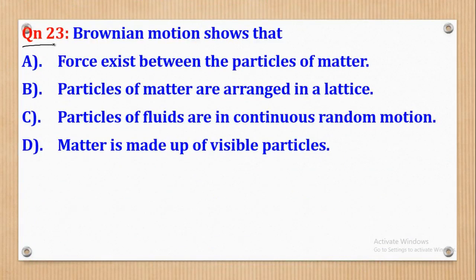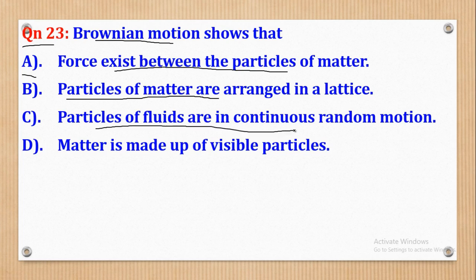Now I shall go to question 23, which says Brownian motion shows that option A, force exists between the particles of matter. Option B, particles of matter are arranged in a lattice. Option C, particles of fluids are in continuous random motion.